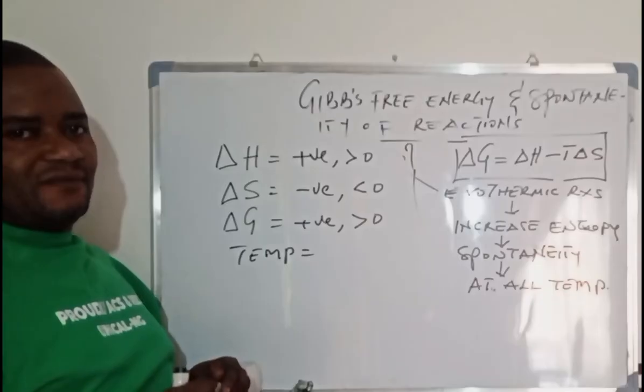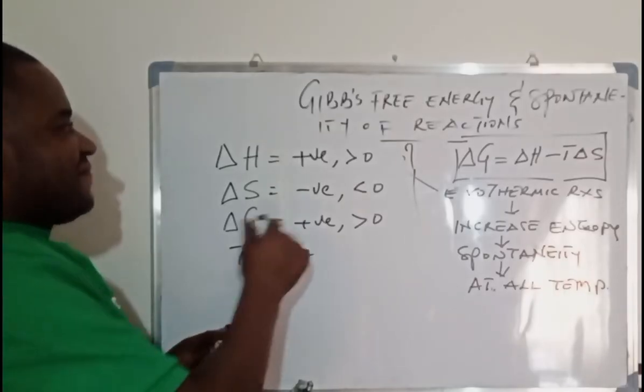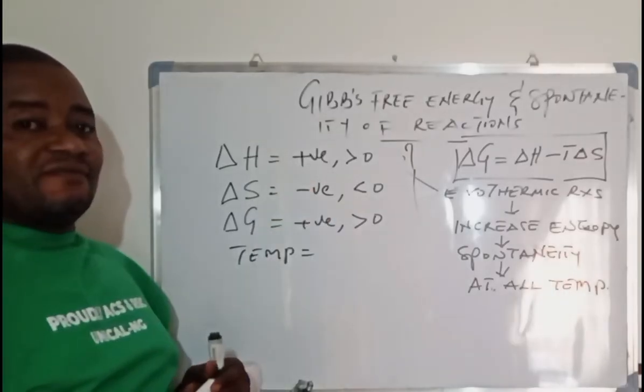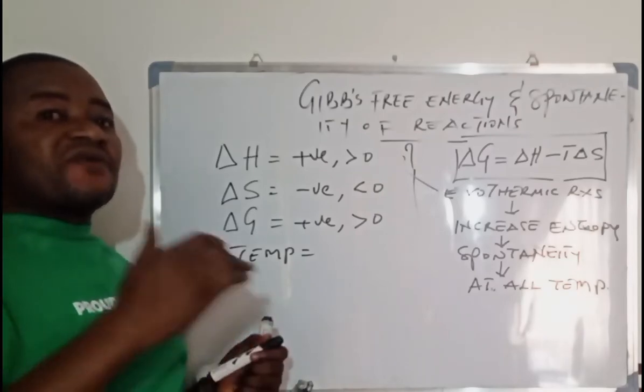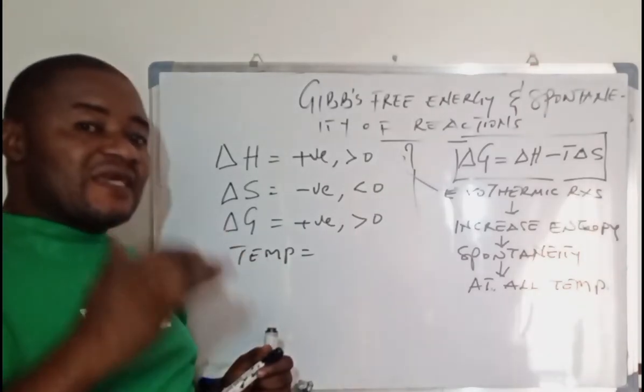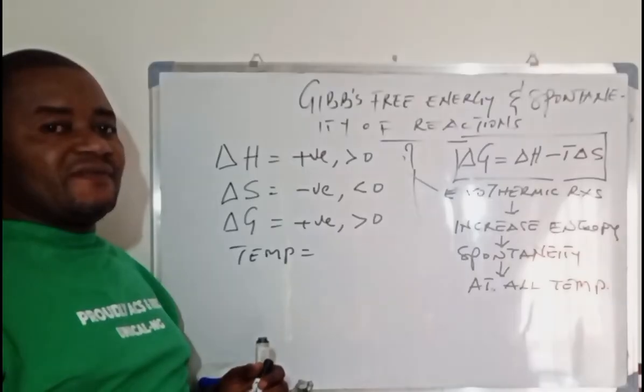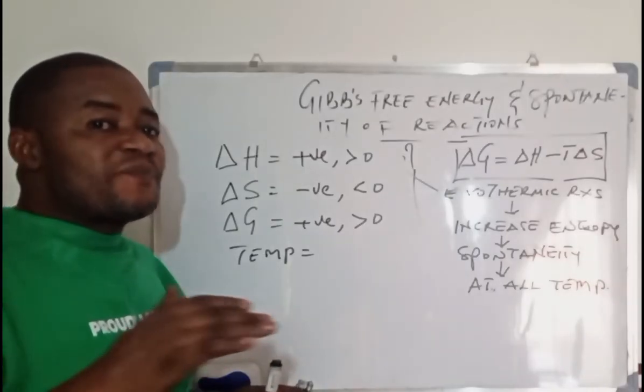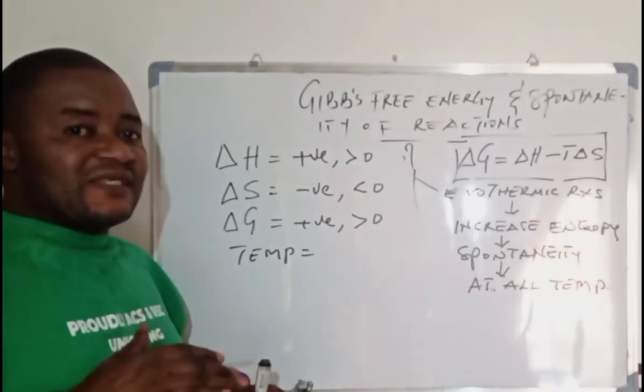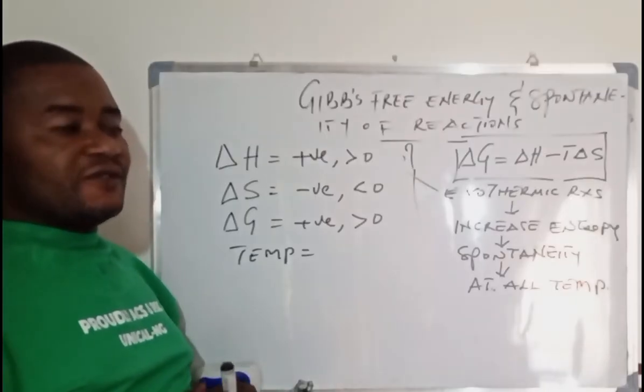Free energy. If you have a reaction that will lead to a reduction of the entropy of the system, at any temperature at all that you're operating, the system is going to be non-spontaneous.